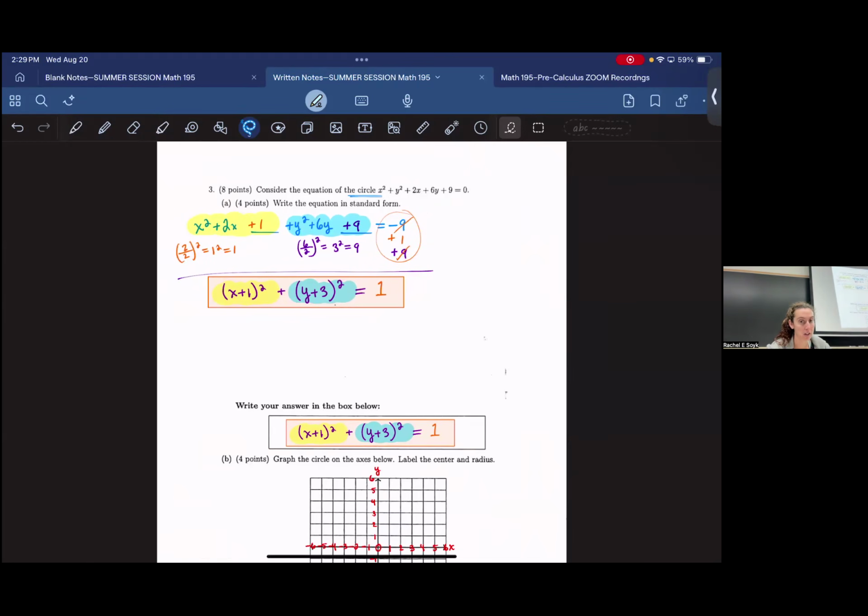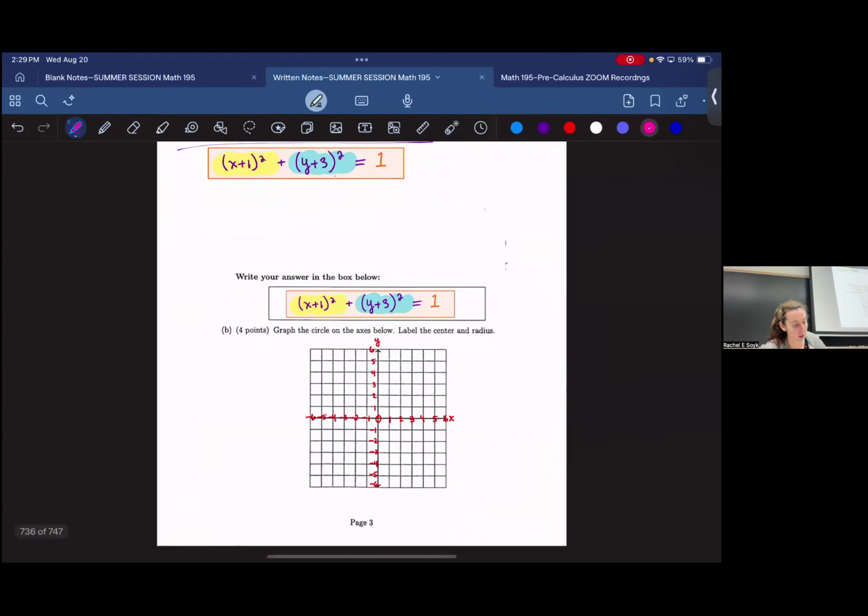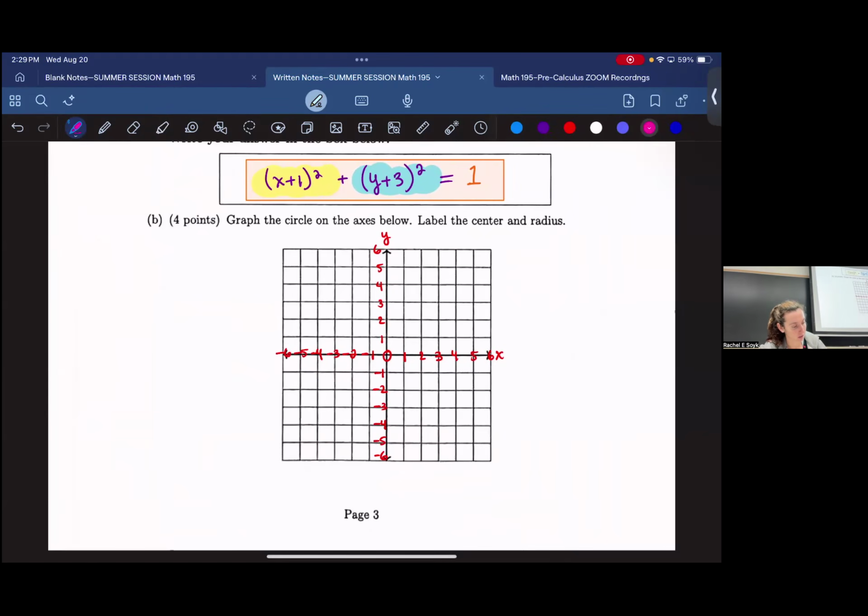Part B to this question is now understanding what the center point and the radius are so that we can graph it properly. So our center point is -1, -3, and our radius is the square root of 1, which is just 1.